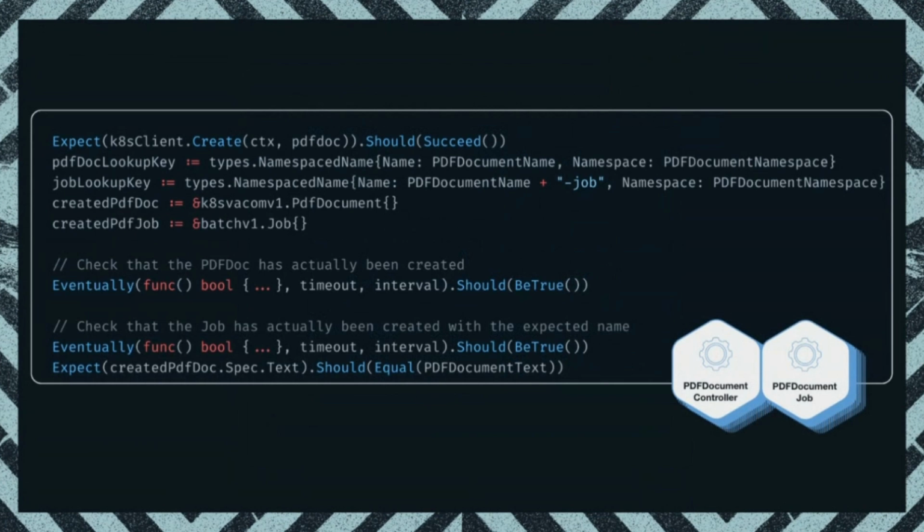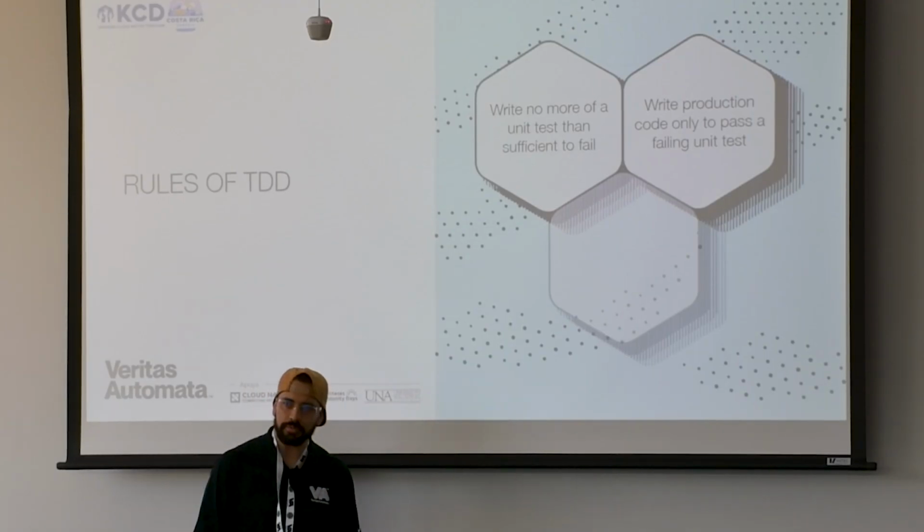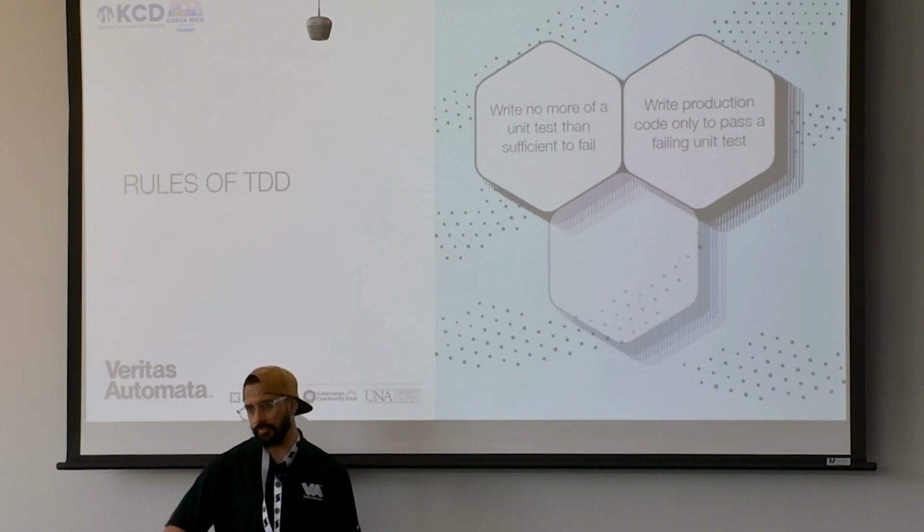Well, very easy. We're going to go through another rule of test-driven development, and this is really important. Remember that the reconciliation right now is empty. There's no implementation, and the next rule is essentially: write production code only to pass a failing unit test.